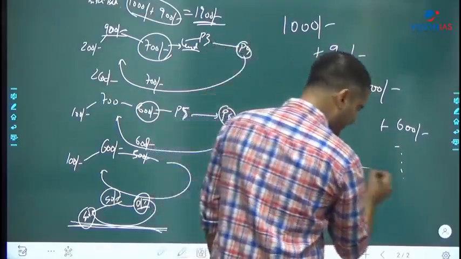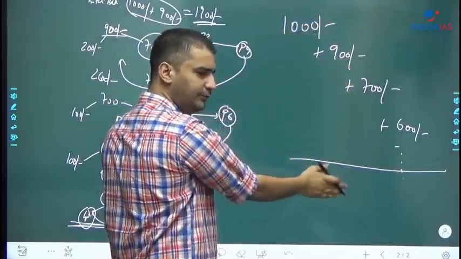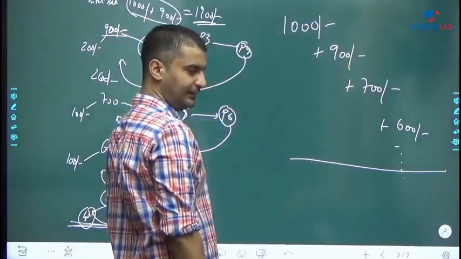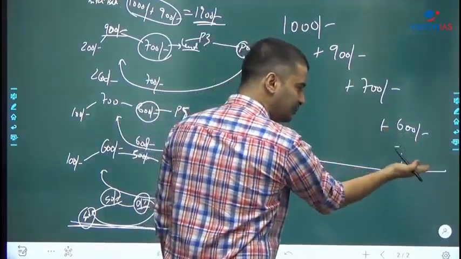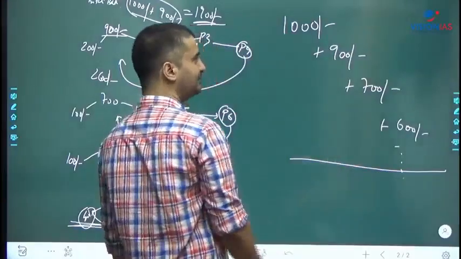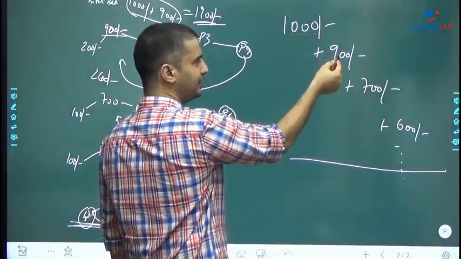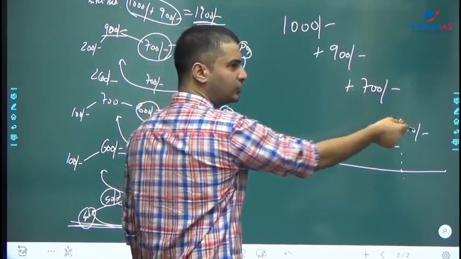At the time when it decreases to zero, let us add all the deposits with the bank at the time this process of money creation stops. Let us say at this point 1000 plus 900, 1900 plus 700, 2600 plus 600, 3200, so on and so forth.